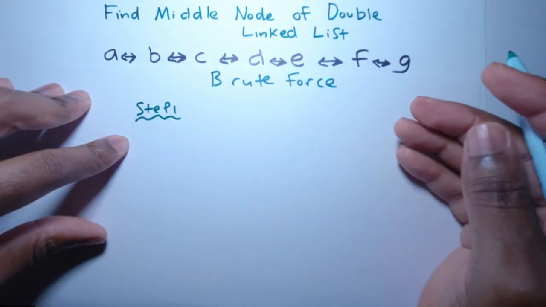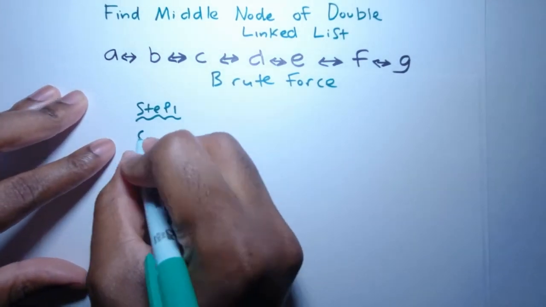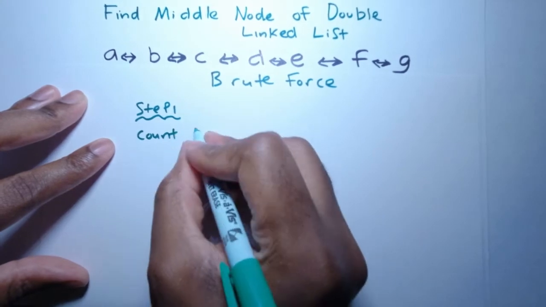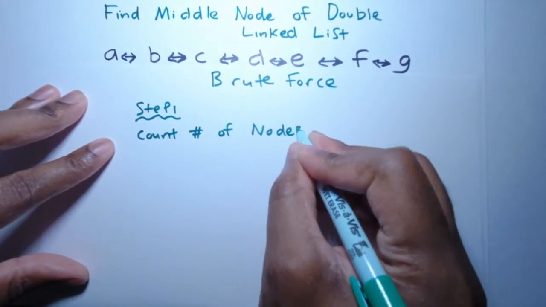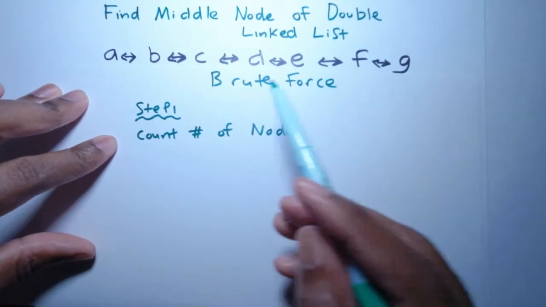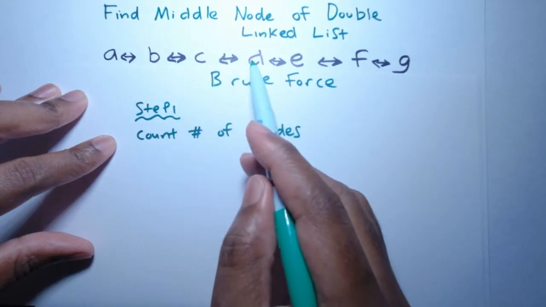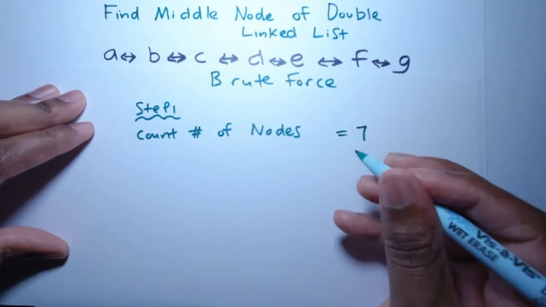The first step is to count the number of nodes. In this situation, we will do 1, 2, 3, 4, 5, 6, and 7. So in this case, we have 7 as the number of nodes.